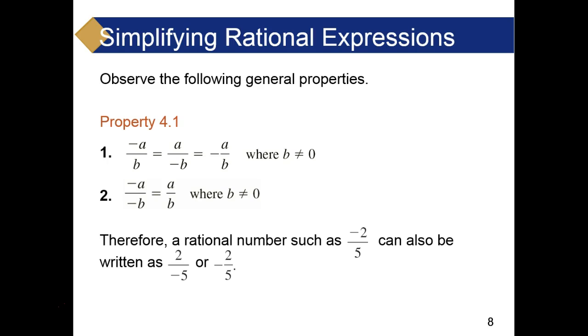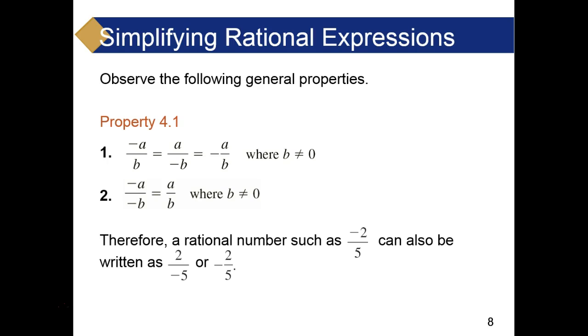All right, so here is the general property. Now, we've been pretending these are numbers. Soon we're going to say these could be any expression at all. A negative a over b is the same as a over negative b. Believe it or not, no matter what the expressions are, they're the same, which is the same as negative a over b, okay, negative out front, as long as b is, of course, not 0.